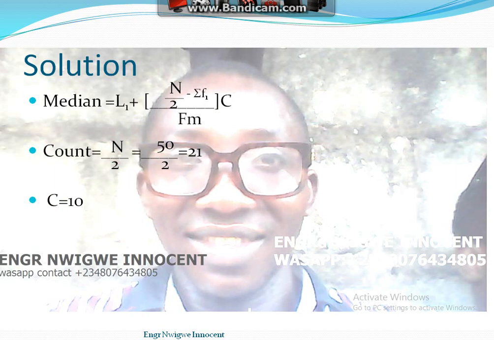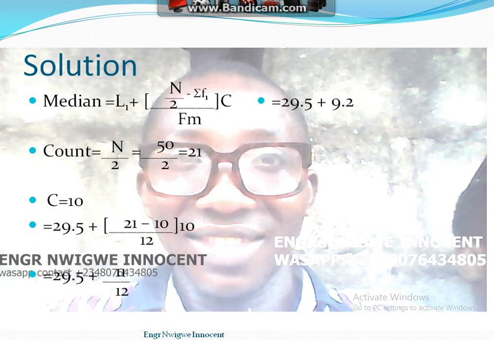Therefore, if you substitute the values into this formula, L1 is our lower class boundary, which is 29.5, plus, in parentheses, 21 minus 10 all over 12 times 10, which gives us 29.5 plus 11 over 12. This is the same thing as 29.5 plus 9.2. Therefore, the median is equal to 38.7.